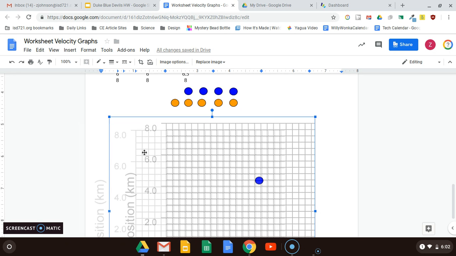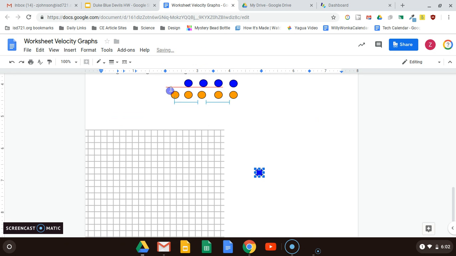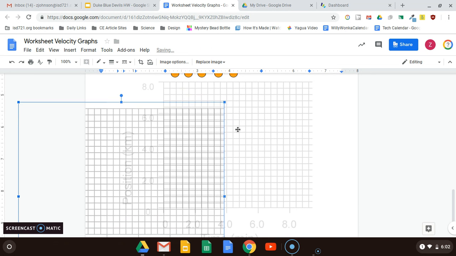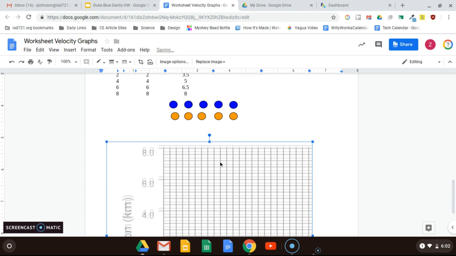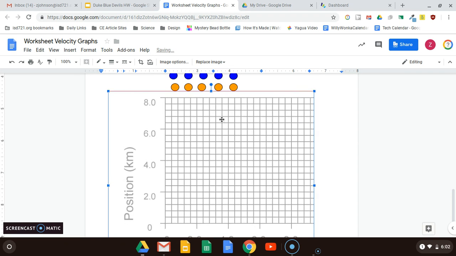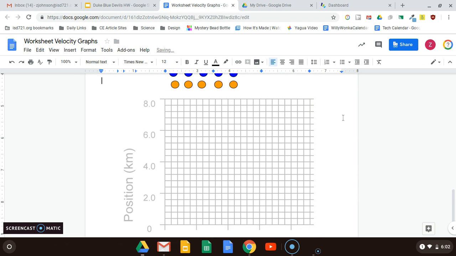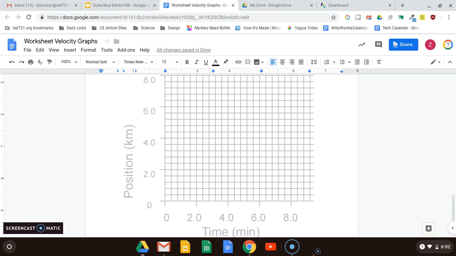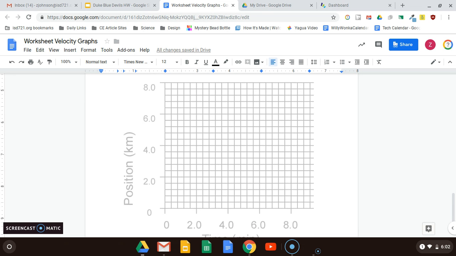So what I need to do is actually move my graph over and bring my blue dot back up, which is going to be a problem. So you need to be really careful. There we go. You need to be really careful when you're doing this that you put your dots in the correct place. Otherwise, you are not going to have the correct information down. So be really careful and really accurate when you're doing this.